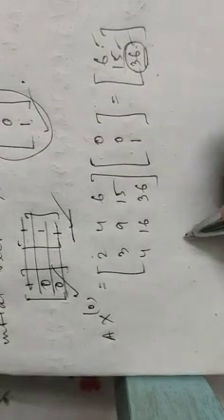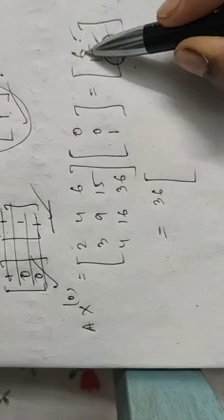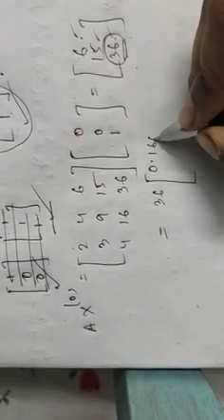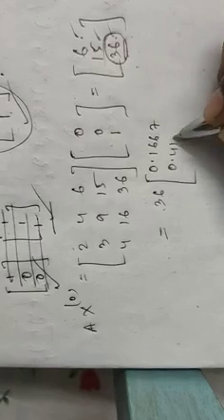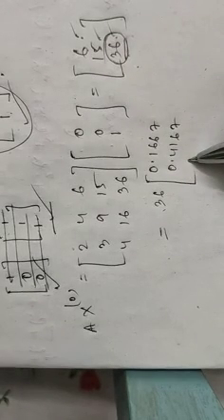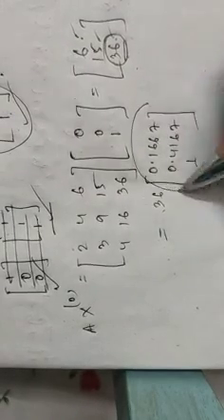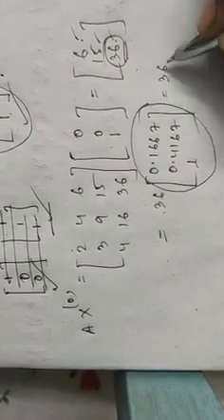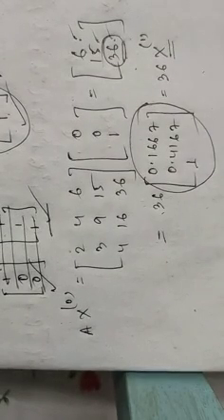It becomes 6 by 36, that is 0.1667, then 15 by 36, that is 0.4167, and 36 by 36, that is 1. We name this x1, so it becomes 36 x1, where x1 is our second approximation.